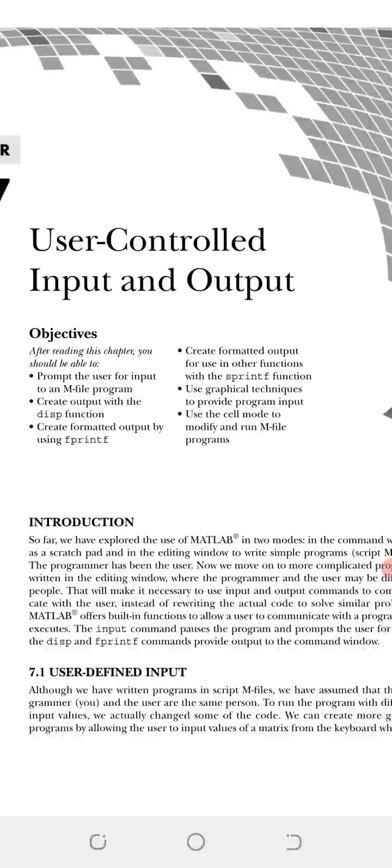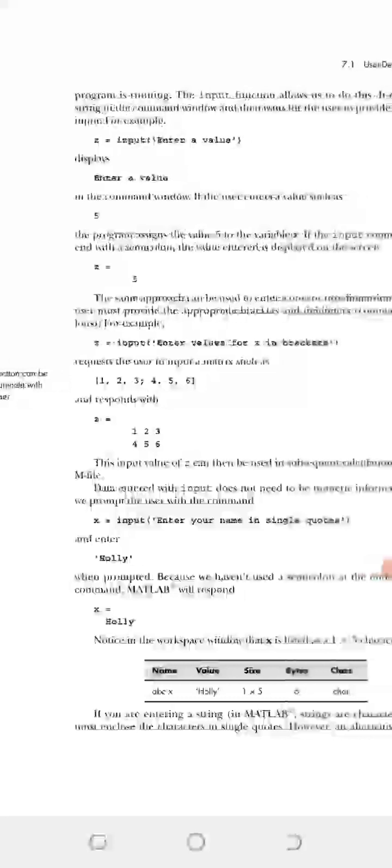When we write a program based on user input, it means that it is not just us, the programmers, that can use this program. Some other person who is not the person that wrote this program can equally use it. So that is what we mean by user-defined inputs. Now let's look at an example.